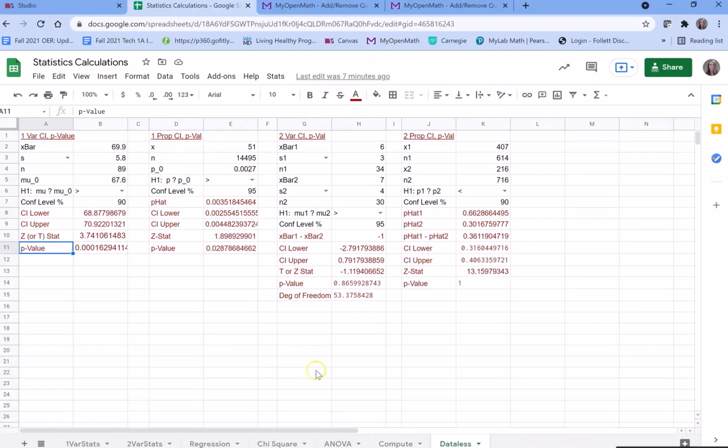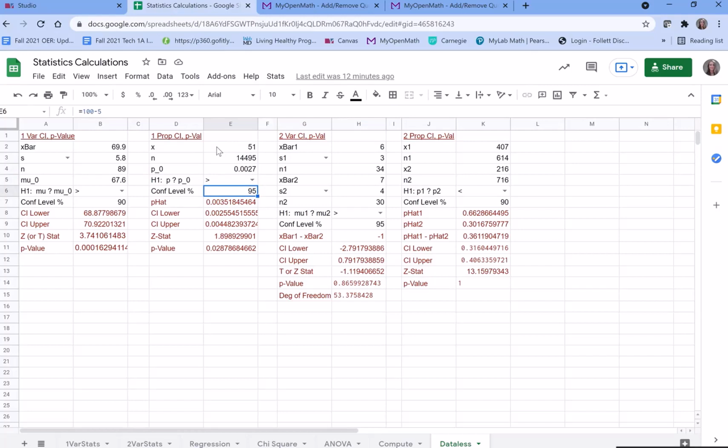Use number 7 on the calculator sheet. So that says go to the Data tab and fill in anything that's in black here. So X, how many died? 51. The total was 14,495. P sub 0 is 0.0027. We're looking for greater than.